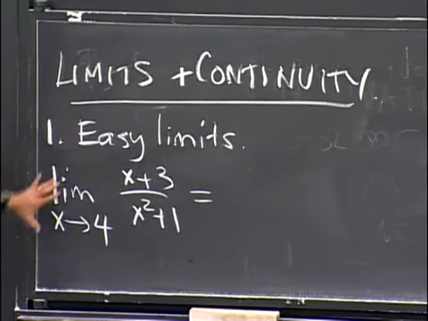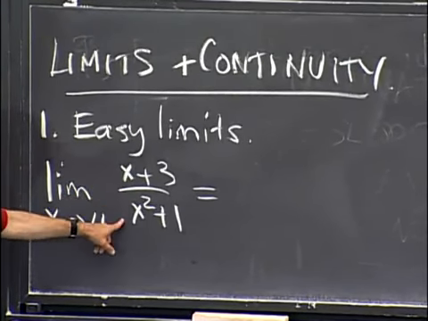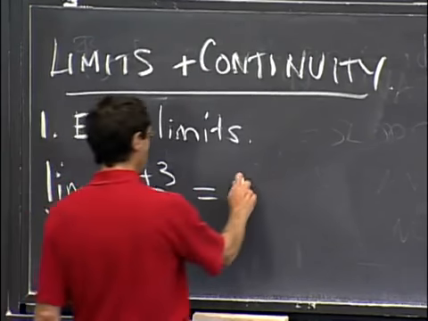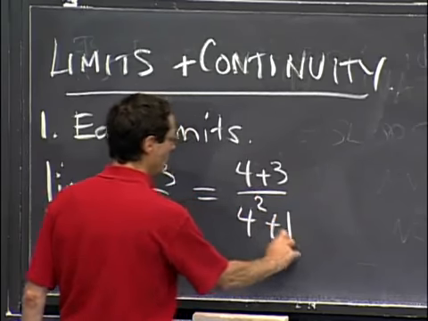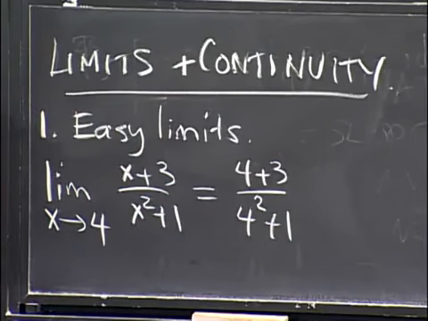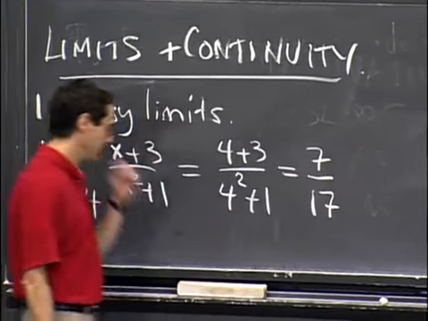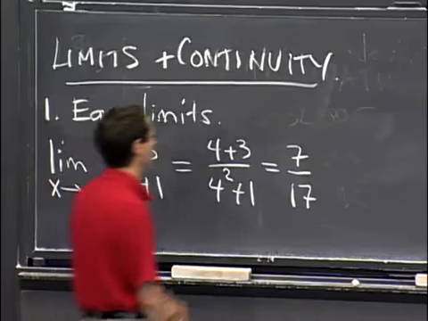With this kind of limit, all I have to do to evaluate it is plug in x equals 4. So what I get here is (4 plus 3) divided by (4 squared plus 1). And that's just 7 divided by 17. And that's the end of it. So those are the easy limits.